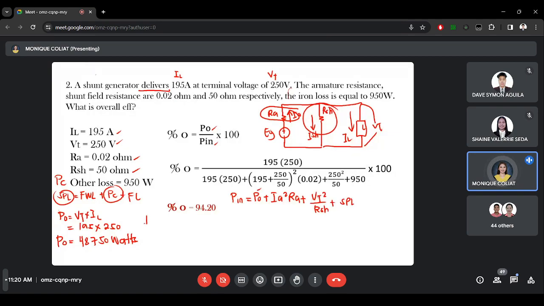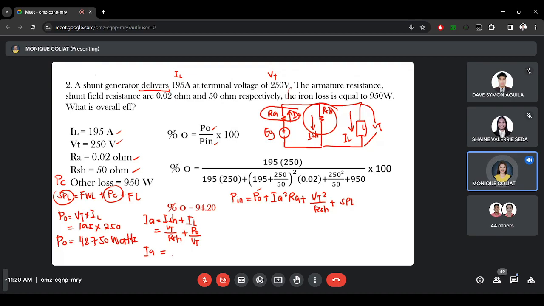So we have 250 over 50 plus 48,750 over 250, which is 195 plus 5, that is 200 amperes. So that is our IA.